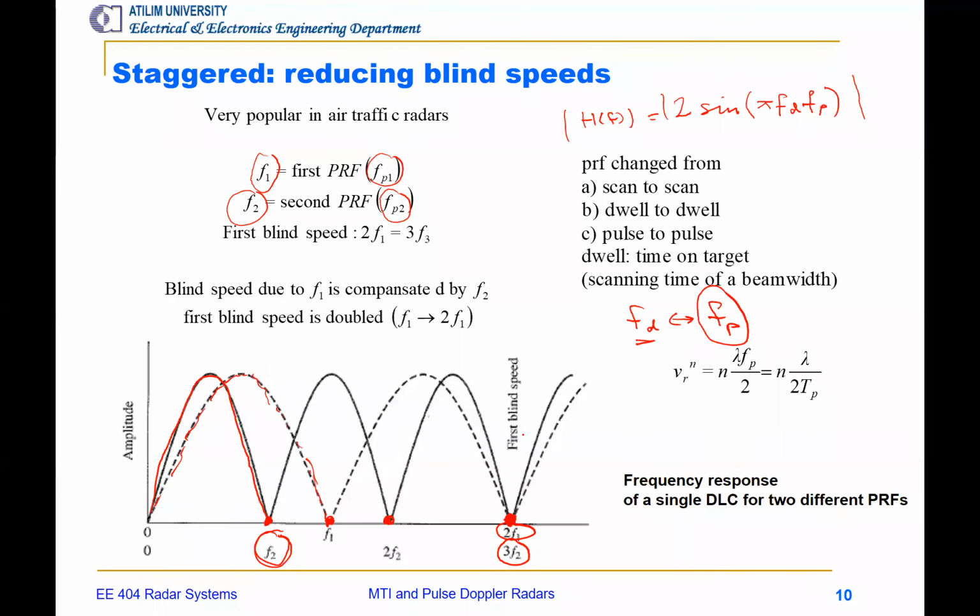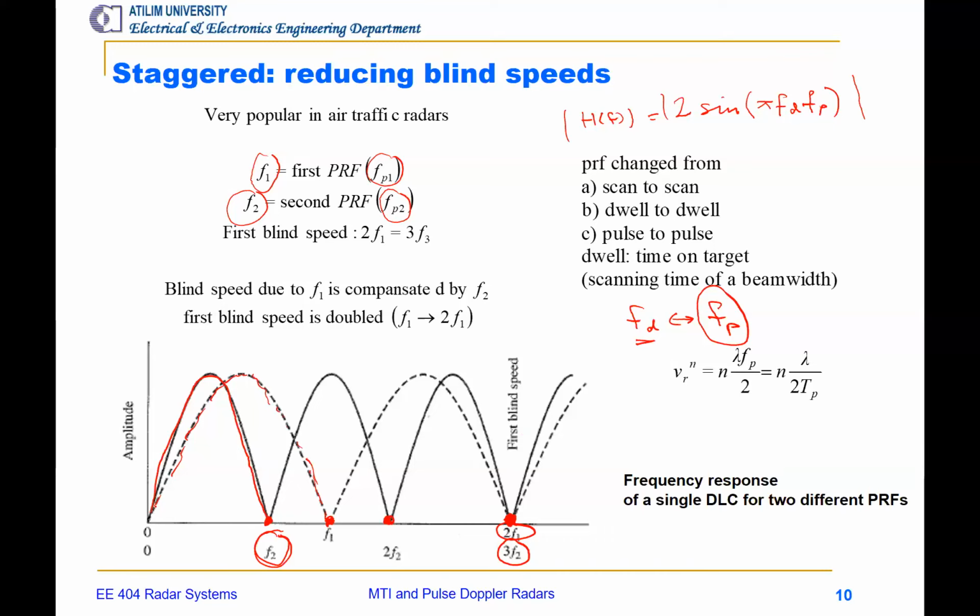So then if I increase the number of PRFs, then I simply increase the first blind speed. I can push the first blind speed to the right here.